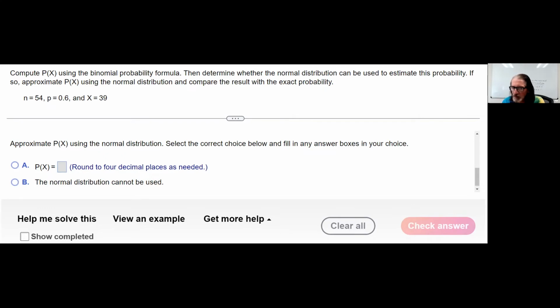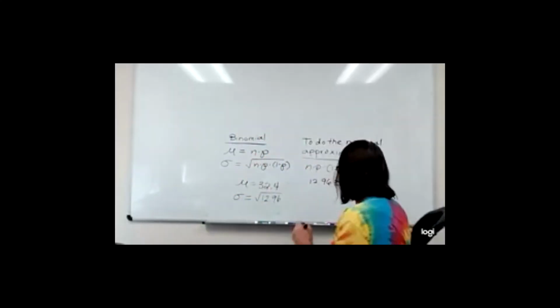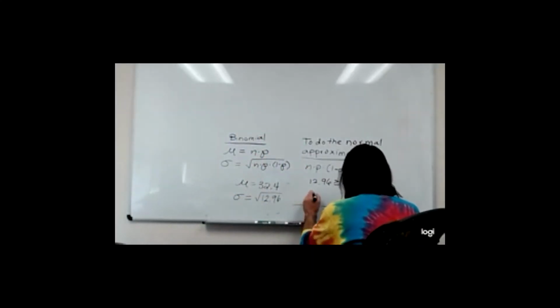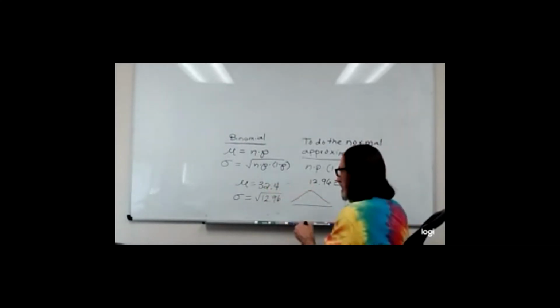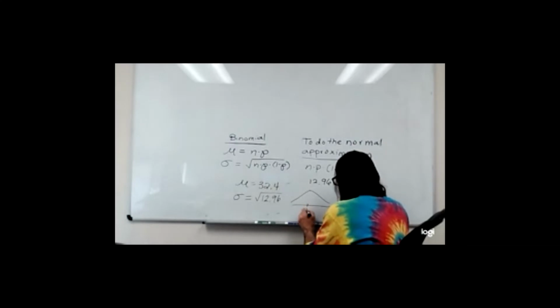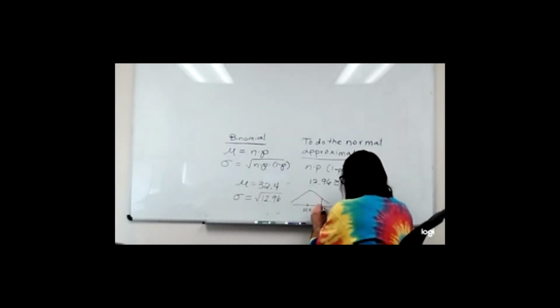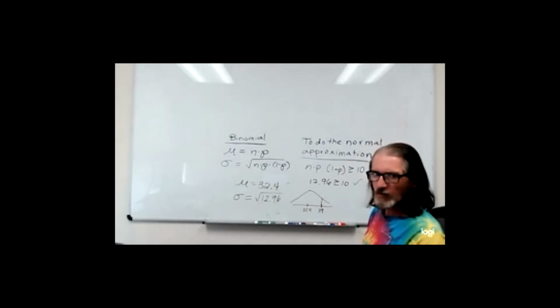So since x is equal to 39, which is a little bit above our mean, we wanted the probability that x was exactly equal to 39.